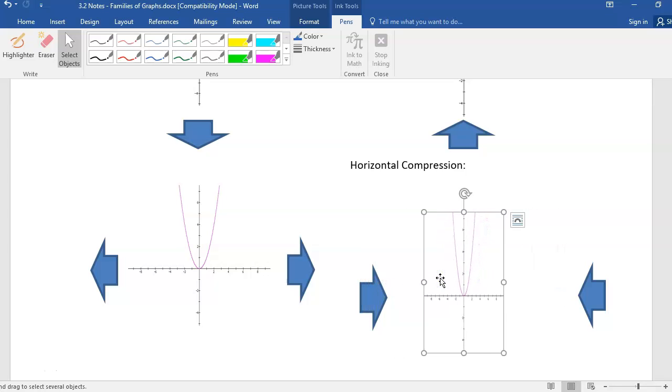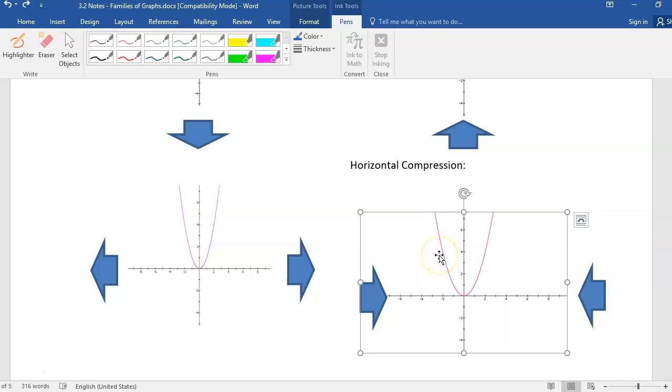It actually makes it seem skinnier. So a lot of times it's difficult to tell just by looking whether something is a horizontal compression or vertical expansion. They look kind of the same. Or it might be hard to tell whether it was a horizontal expansion or a vertical compression because they look kind of the same. But if we have the equation, we can tell the difference in what we've got there.